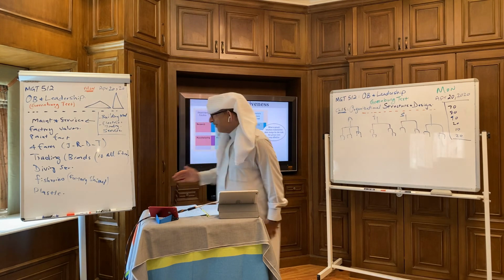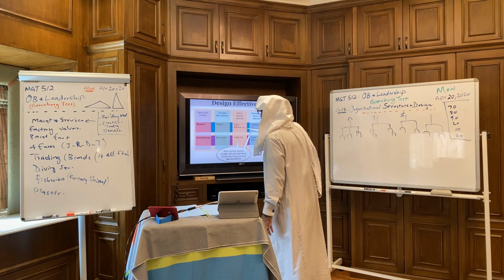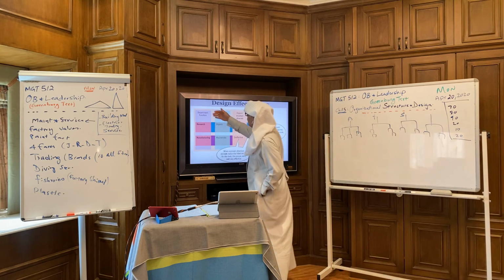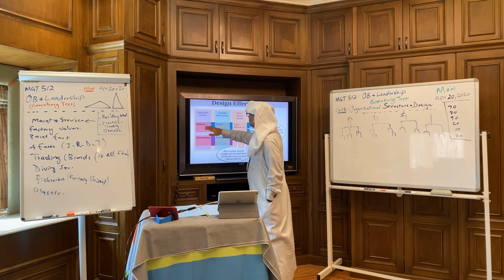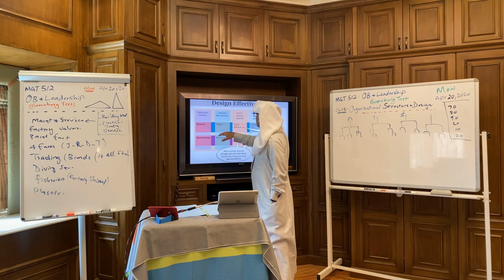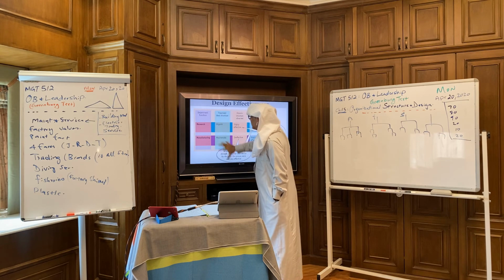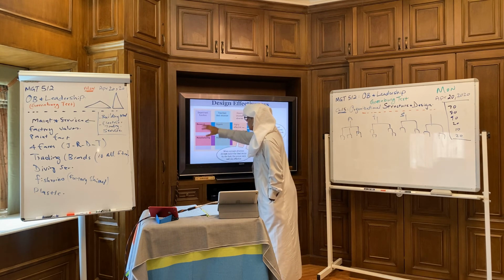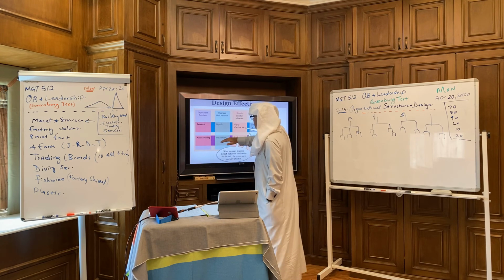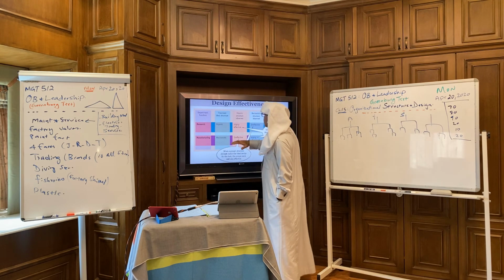Now, design effectiveness. If this is the department function, this is the theorized ideal structure. For research, it has to be organic. For manufacturing, it has to be mechanistic.